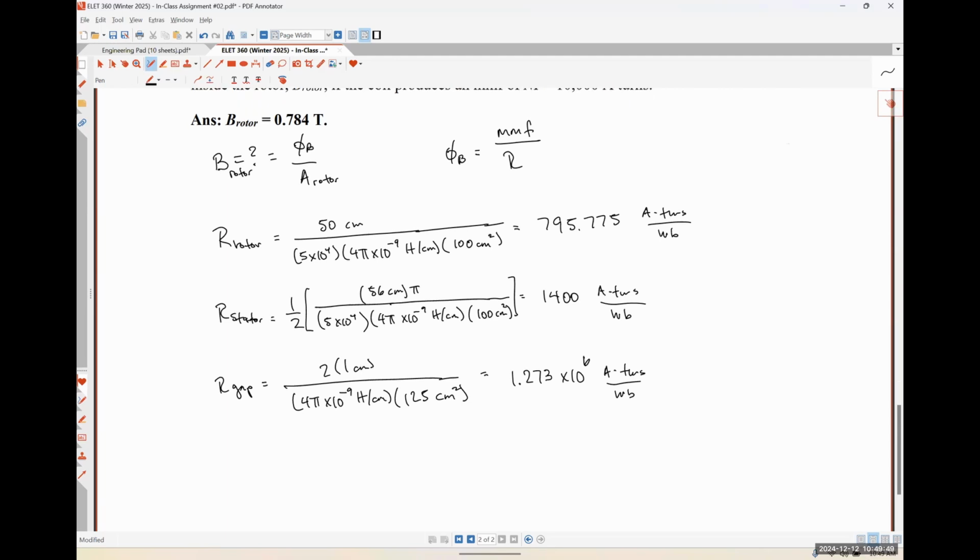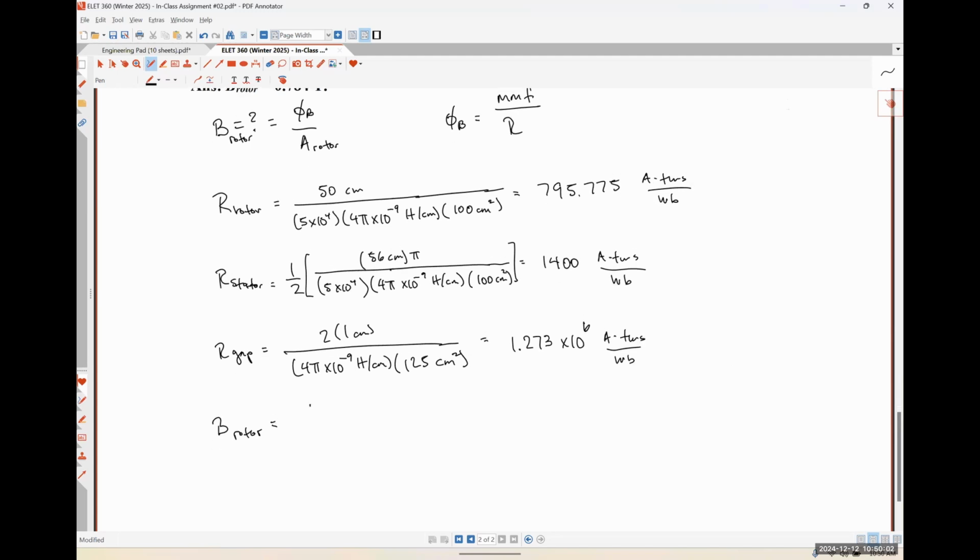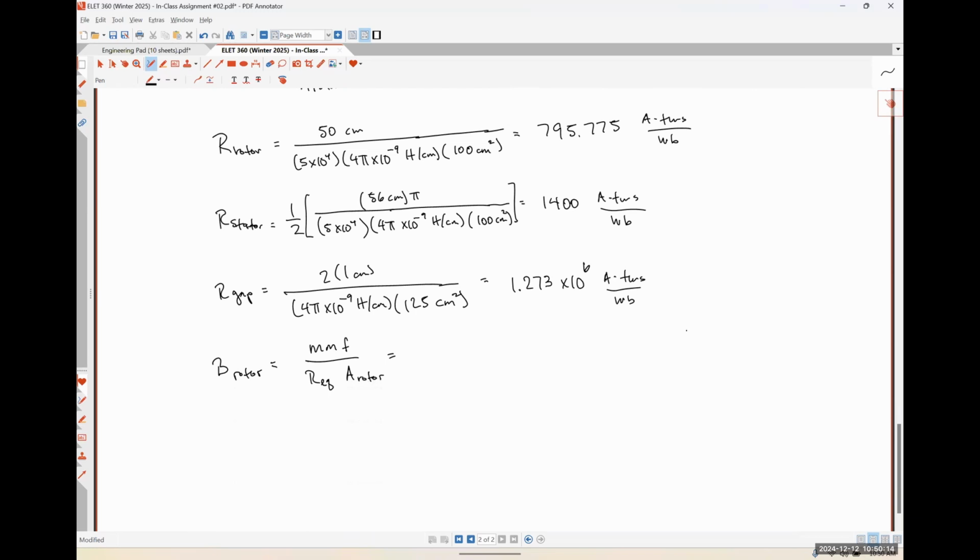So we've got our reluctance. We know our MMF. So our magnetic flux density is just going to be MMF over reluctance times the area of the rotor, right? Our MMF in this case is 10,000 amp turns.